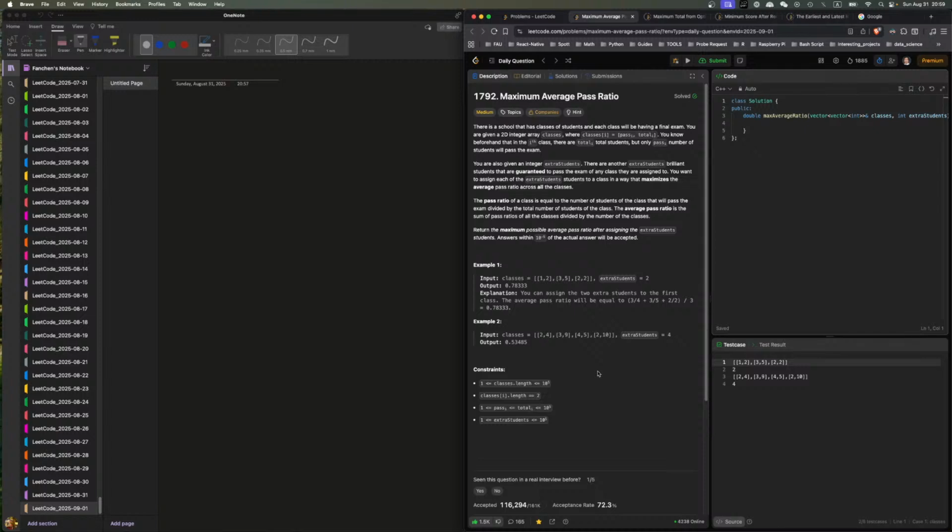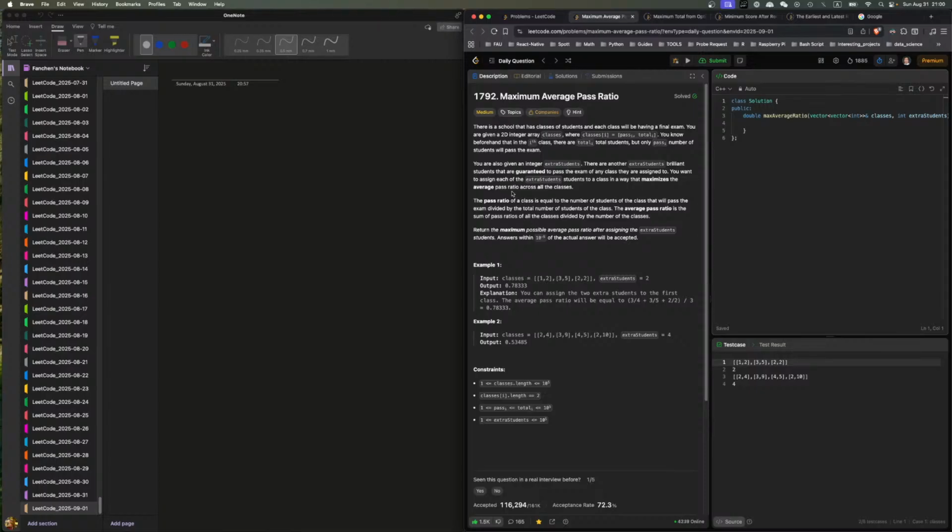Okay, let's see. There is a school that has classes of students, and each class will have a final exam. You are given a 2D integer array classes, where classes[i] is pass and total. You know beforehand that in the ith class there are total students, but only pass number of students will pass the exam. You're also given an integer extraStudents. There are another extra students, brilliant students, that are guaranteed to pass the exam of any class they are assigned to.